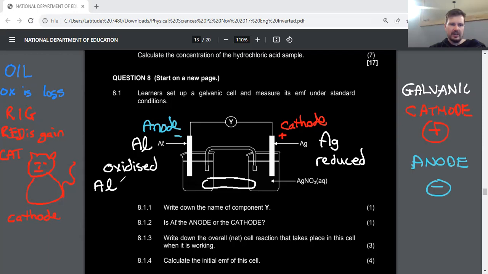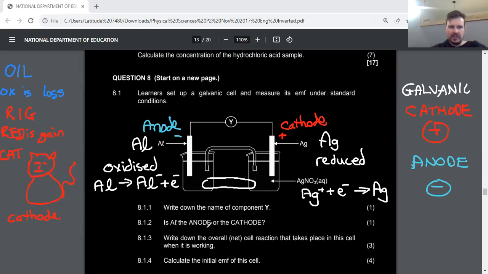So Al is going to go to Al plus an electron (Al³⁺ plus electrons in reality). And Ag is going to gain electrons, so Ag plus an electron is going to go to Ag. So now we know that aluminium is the anode.